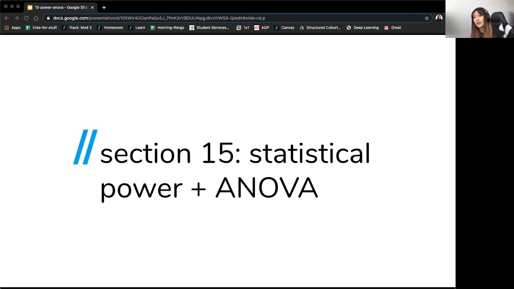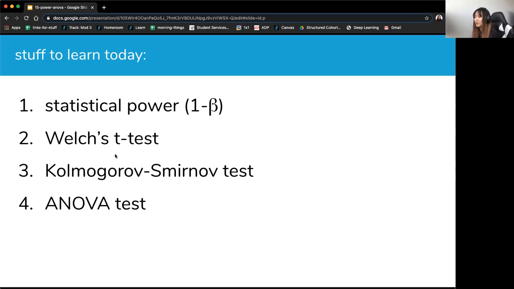And that one, I will be going through setting up statistical power in a statistical experiment. And also we'll be going through an example of A/B testing. But really quickly today, we'll be doing one more quick dive into statistical power. We'll be talking about Welch's t-test, which is a different kind of t-test from what we've learned before.